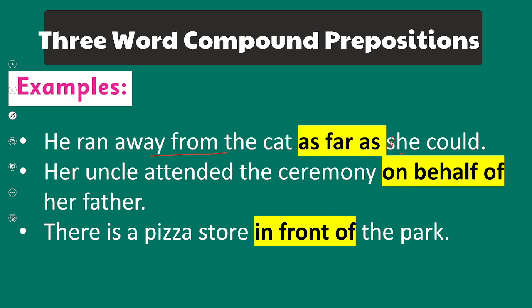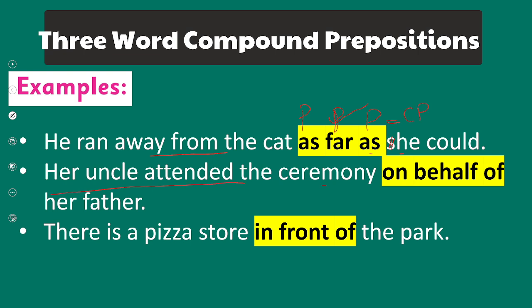To what extent? What was the movement? The movement was as far as he could, very far from the reach of the cat. Now, as far as: preposition, preposition, and preposition. So, this is also a compound preposition.